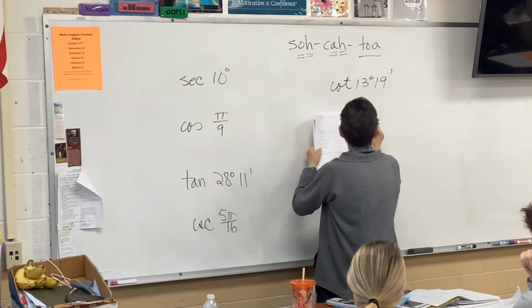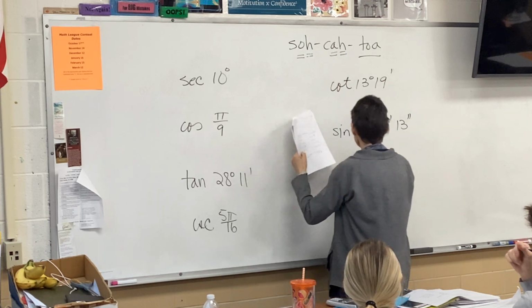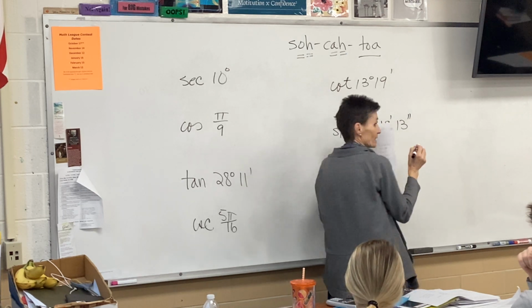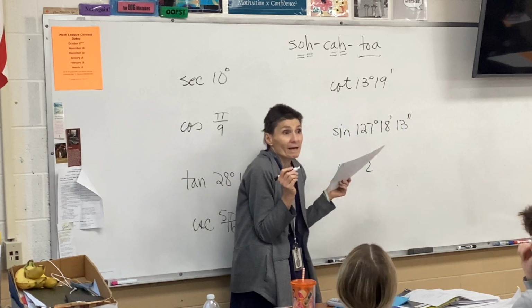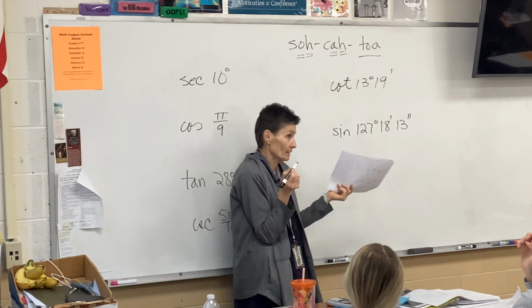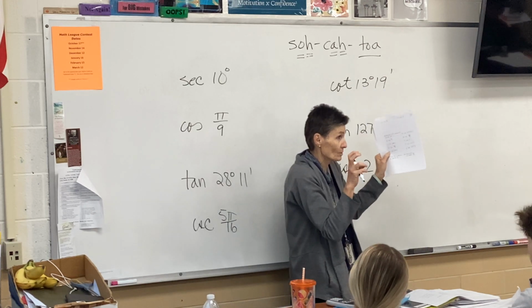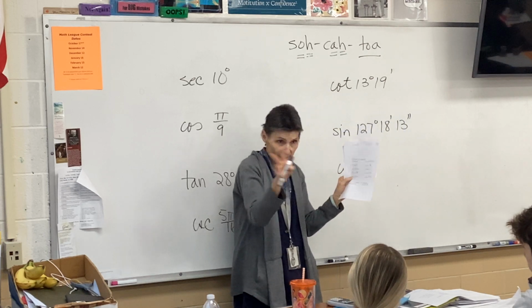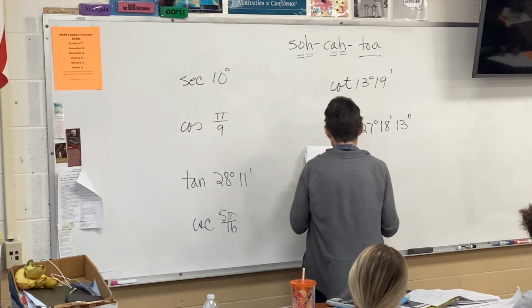None of them are 45s. Okay. Yeah, that's a great observation, Wyatt. They're not 45s, 60s, 30s, which means I can't do it by hand. That's why I'm using my calculator. I can do my special angles by hand: 30, 60, 90, 45, 45, 90. Everything else I need a calculator for.